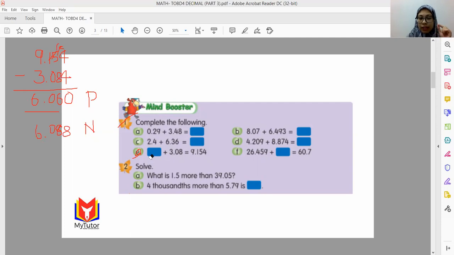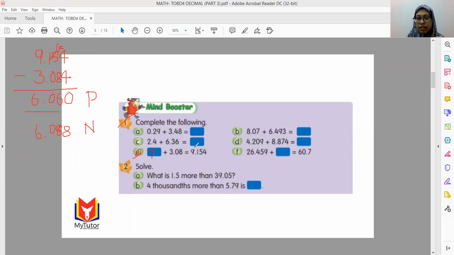For E, you do not have numbers here. The question is giving you the answer, the answer to the addition of a certain number to 3.08. When you have this blank, this kind of question is very easy.